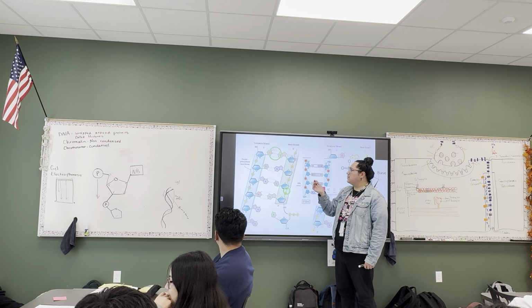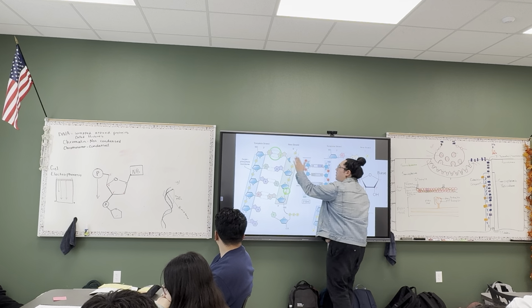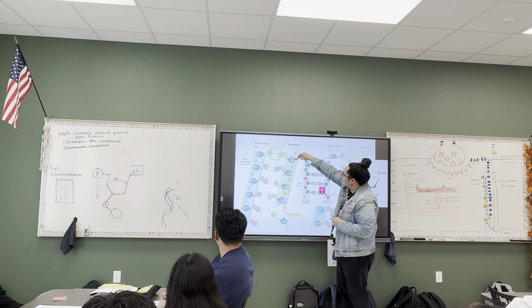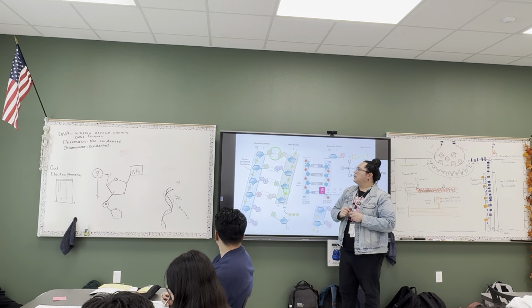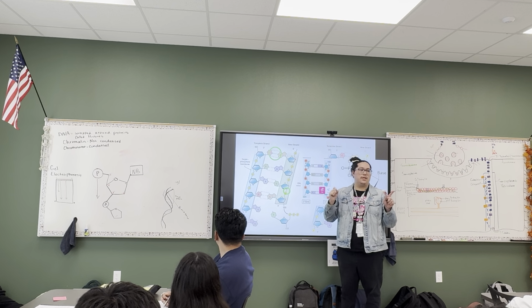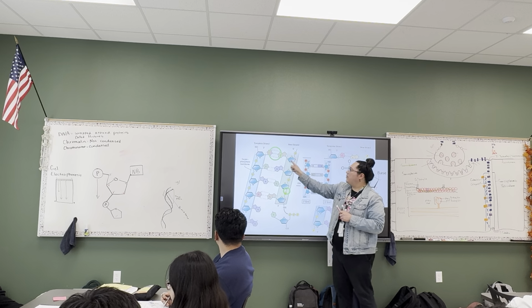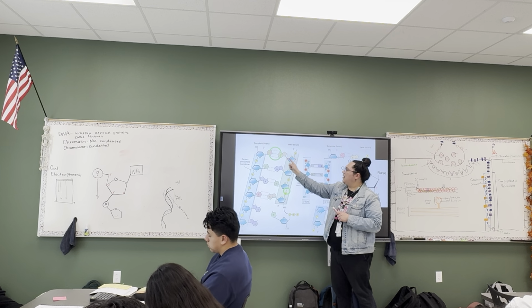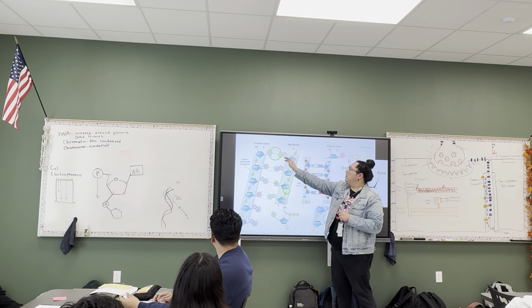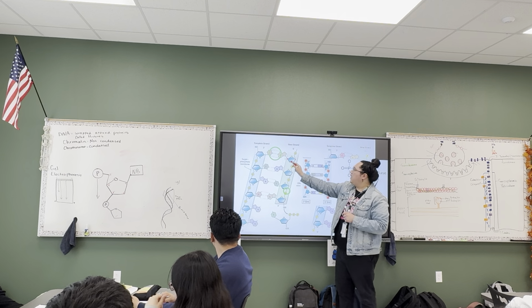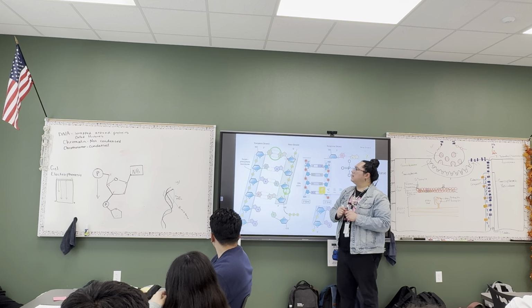It's not necessarily connected to another nucleotide. I'm just talking about this one right here. It's not 1 because 1 is always attached to the nitrogenous base. So what is this one right here on the opposite side? That one is number 1. And what is this yellow one right here? 2.